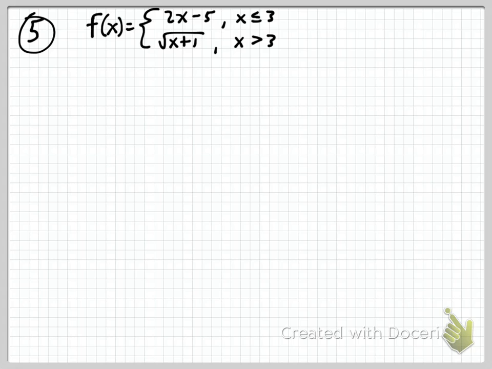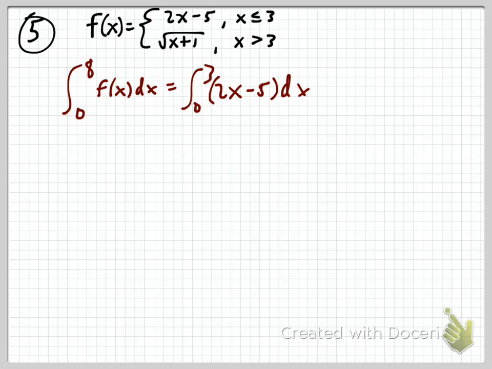So we're being asked to find the integral from 0 to 8 of f of x dx. Well, that's going to be the integral from 0 to 3 of 2x minus 5 dx. And then we're going to add to that the integral from 3 to 8 of the square root of x plus 1 dx.